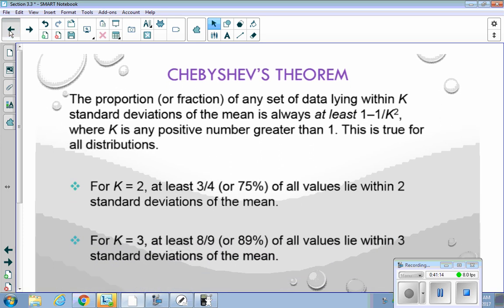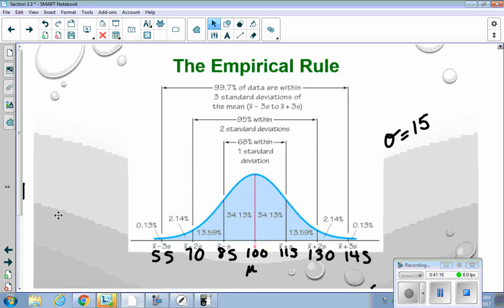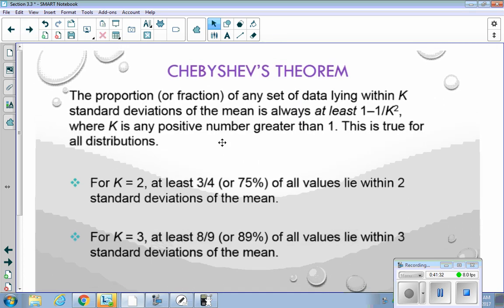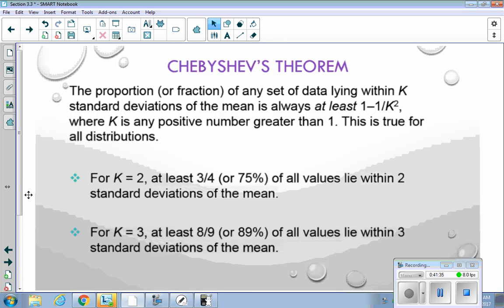So just to reiterate, this is the empirical rule, and that's when I know my population is normally distributed. We have another theorem called Chebyshev's theorem, and we use this theorem for any set of data, even if it's not normally distributed.